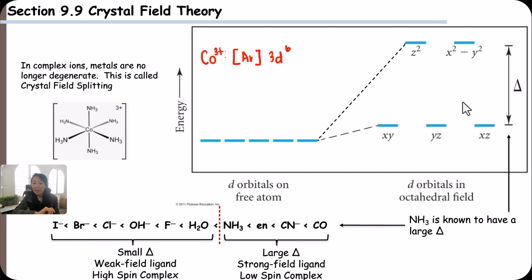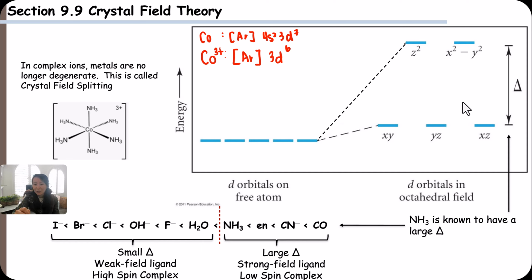Okay, and again, if you want to know how I did this, you could go back and look at the electron configuration video. But essentially, what I did is cobalt in neutral form is argon, 4s2 and 3d7, I believe.